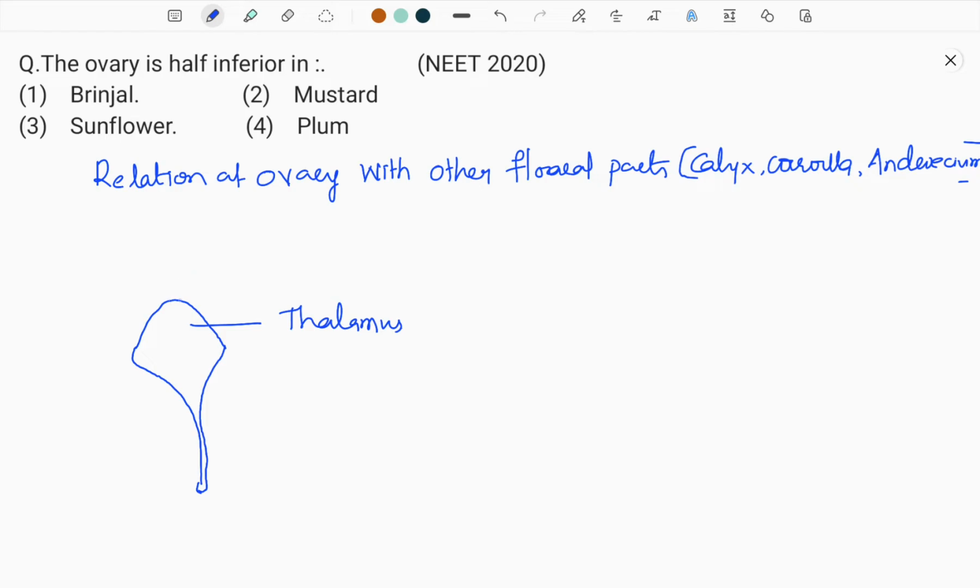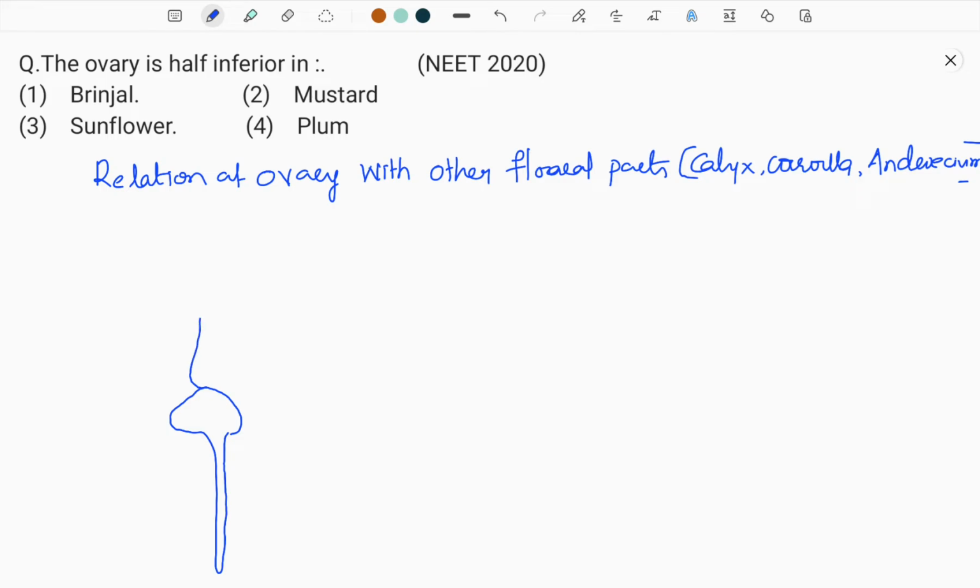So on the tip of the pedicel, that is on the thalamus, the ovary is present. This is the ovary. Let me draw it very small. So on the tip of the pedicel we find the ovary.